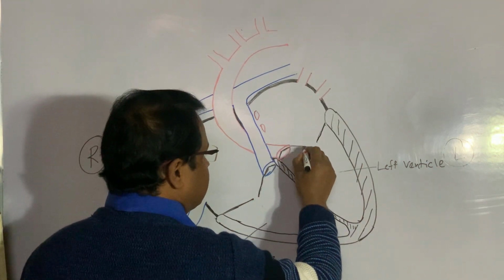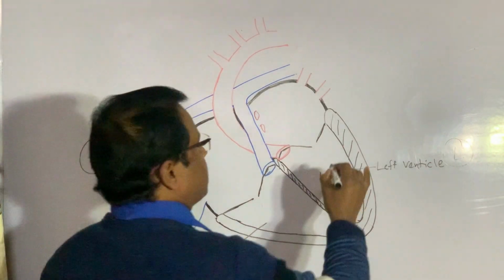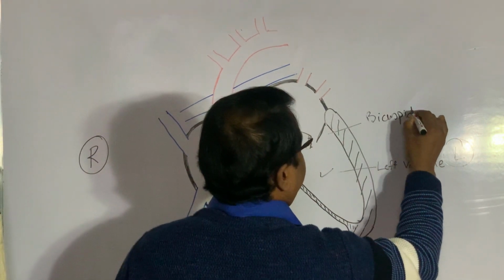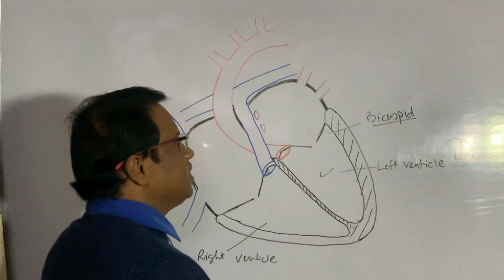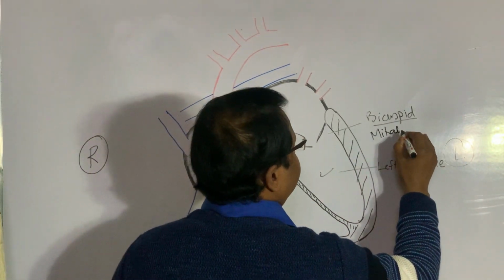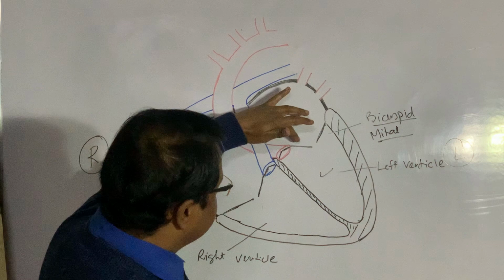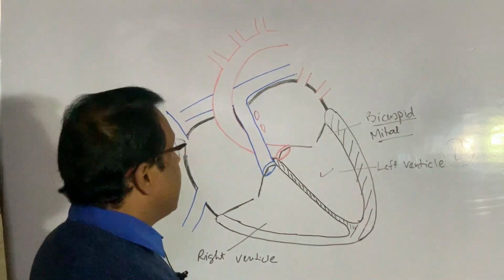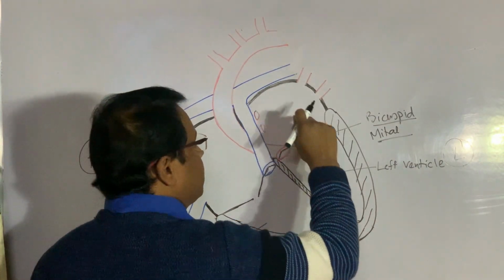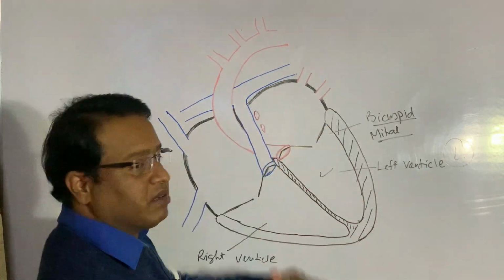That is the bicuspid valve, in another name called the mitral valve. It is called bicuspid because it has 2 cusps, and it only permits blood to flow from atria to ventricle. Otherwise backward flow is not possible with this valve.